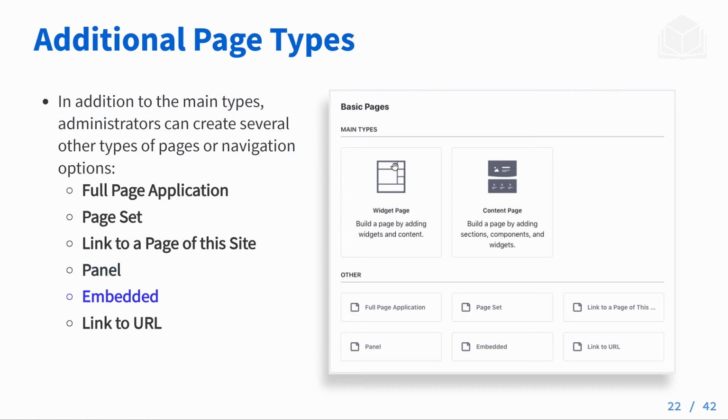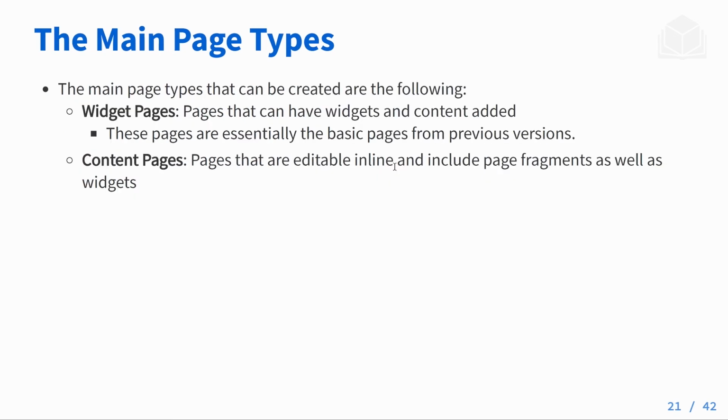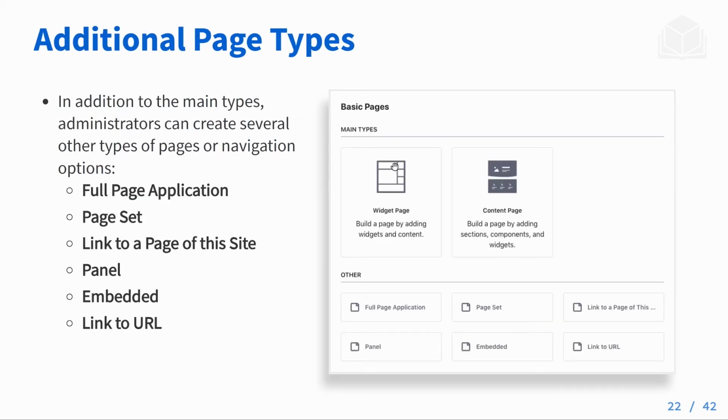Embedded simply means that you use an iframe that references an outside link that will display inside of that iframe on that page. So again, the main page types are widget type, content page type, and then you have these additional options. You can see the UI on this image here.